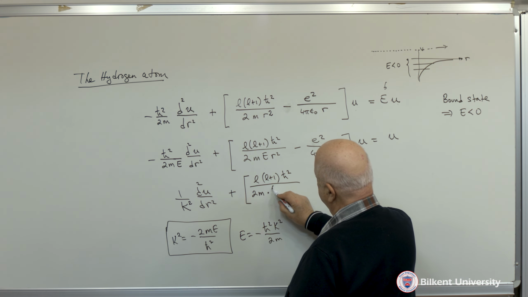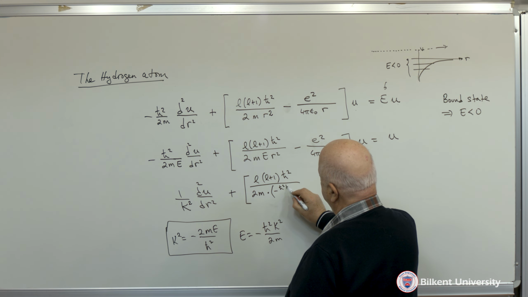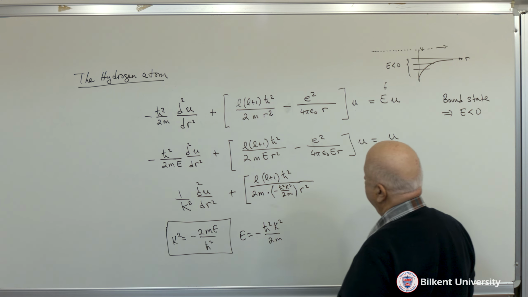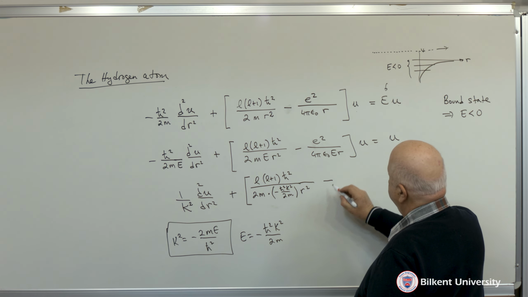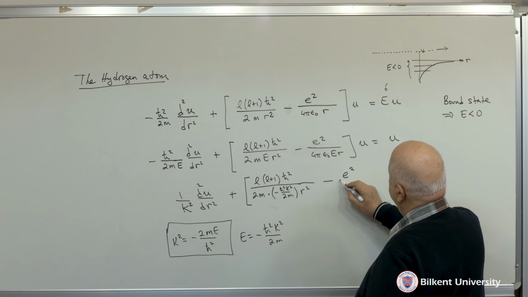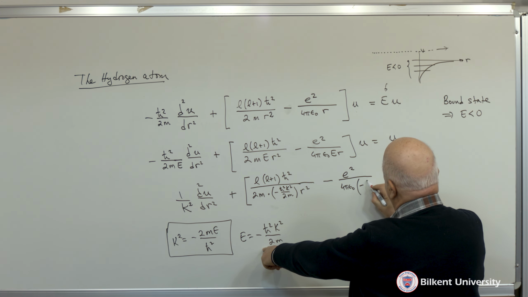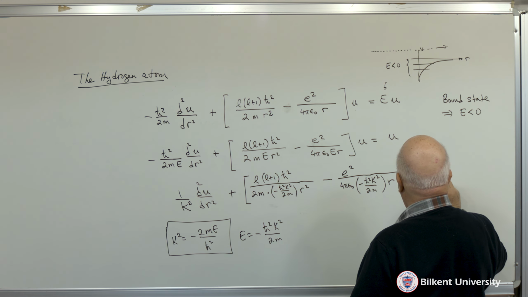So I'm going to put that here, minus h bar squared k squared over 2m, that's my E, r squared, minus e squared divided by 4 pi epsilon 0. Let me again do the same thing, minus h bar squared k squared over 2m, times r. All of that times u is equal to u.